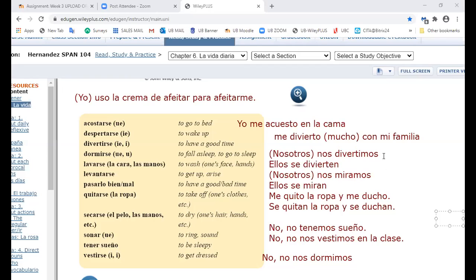Is Marika here? Is Devon here? Devon, ¿estás? No está. Okay, let me go to Zoom. Okay, Aaron? Sí. Muy bien. ¿Tú y tus amigos se divierten mucho? Repita, por favor.